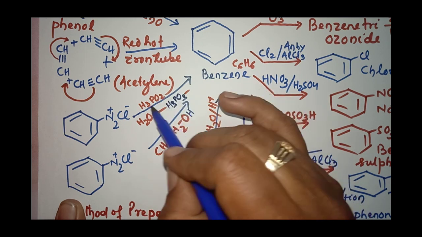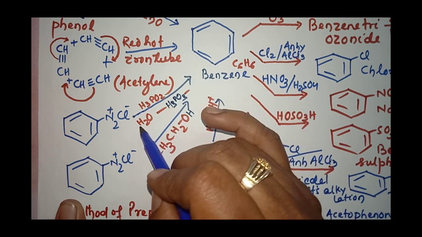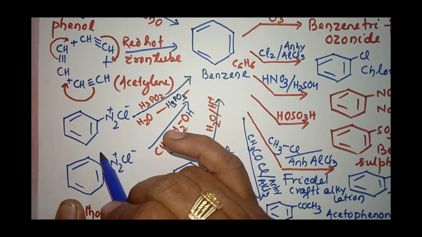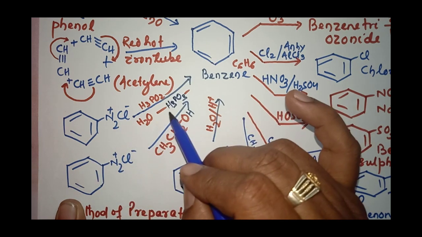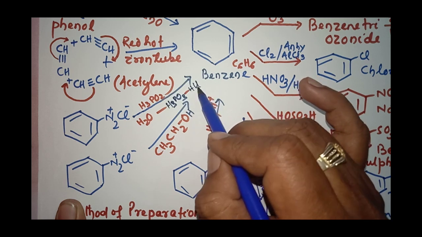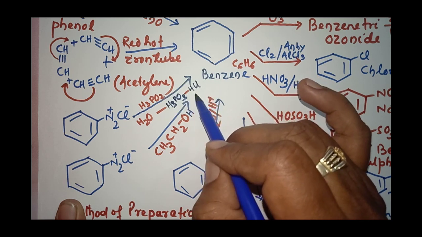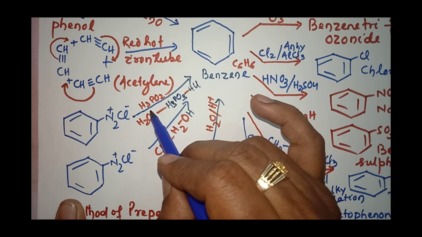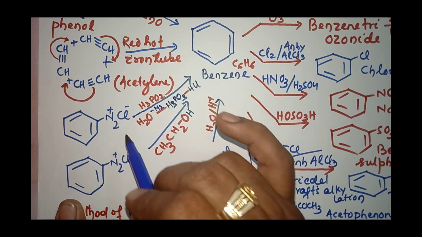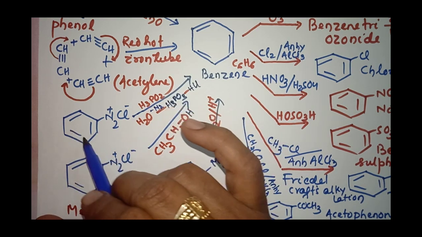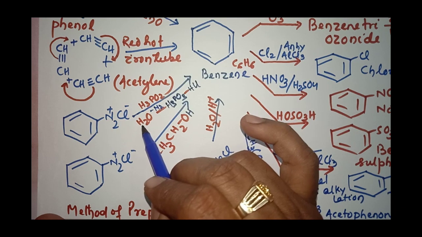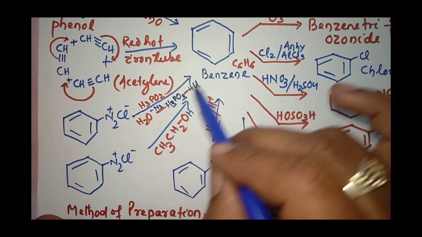Minus H3PO3 means H3PO3 is removed, and these two H atoms combine with this benzene diazonium chloride. This Cl becomes HCl. As it is removed, minus sign is there, and minus N2. This N2 is also removed, and this C6H5 group takes one H atom and becomes benzene.